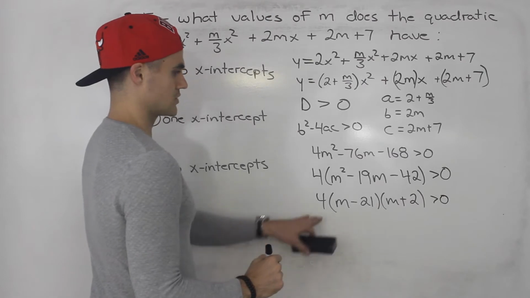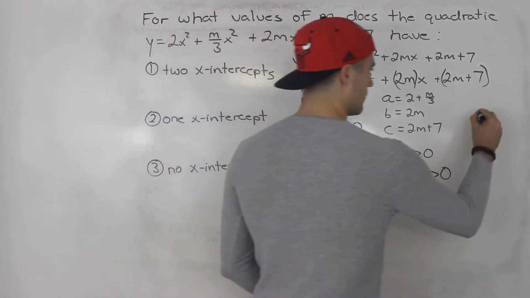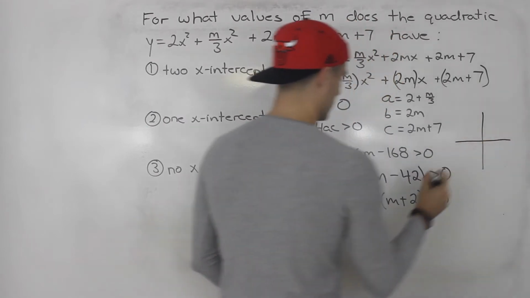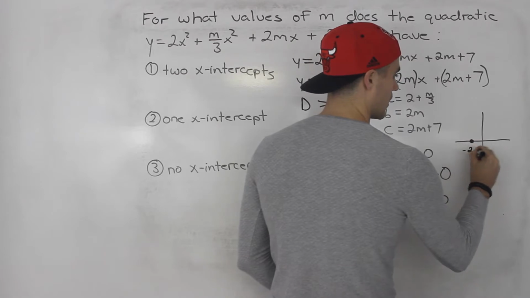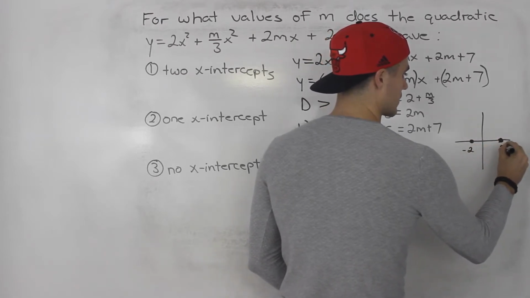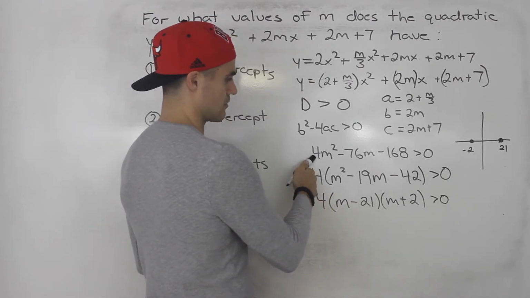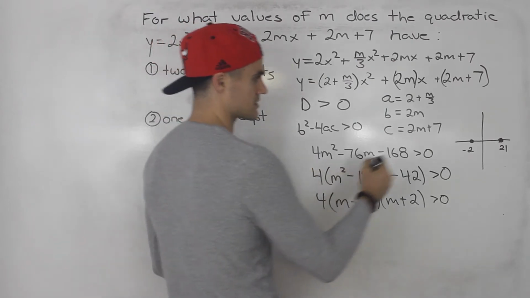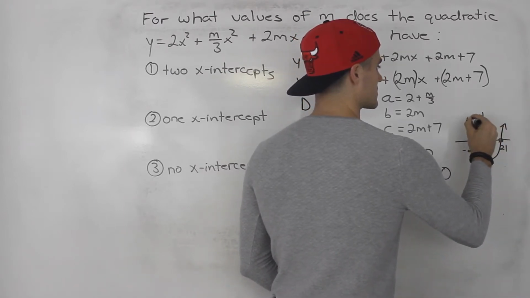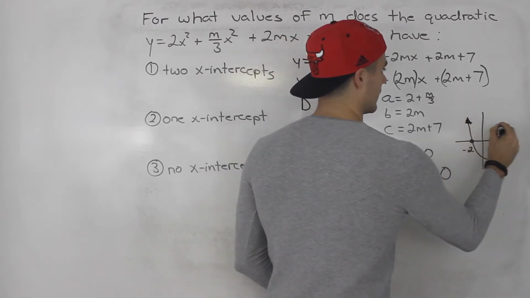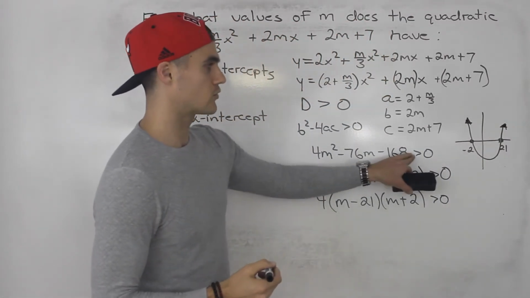And now we can just graph this here. So what are the intercepts? Well, an m value of positive 21, m value of negative 2. So negative 2 is like here, positive 21 is here, and this is opening up because that leading coefficient is positive. So it looks something like this. And now we can visually see when is this quadratic going to be greater than 0?